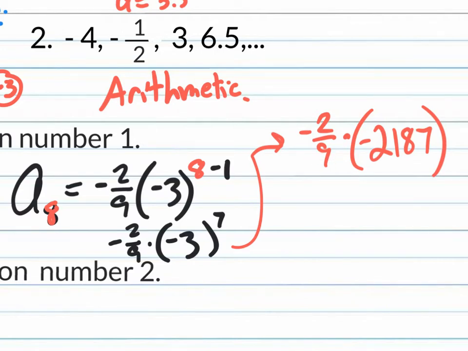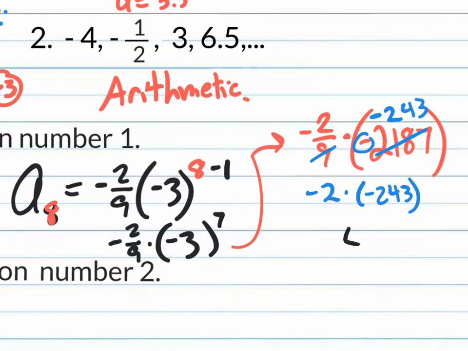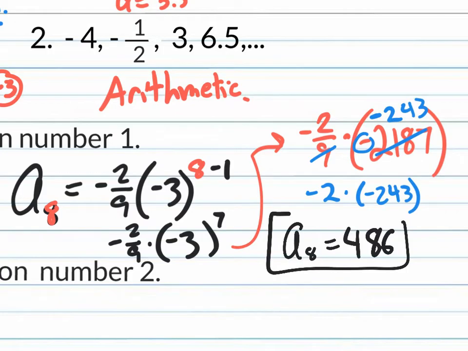On a calculator, it tells us that that's 243. So this cancels with that, and you get 243, and it is negative, right? So you have a -243. So what we really have here is -2 times -243. The answer would be 486. So our 8th term, our a sub 8, is 486.